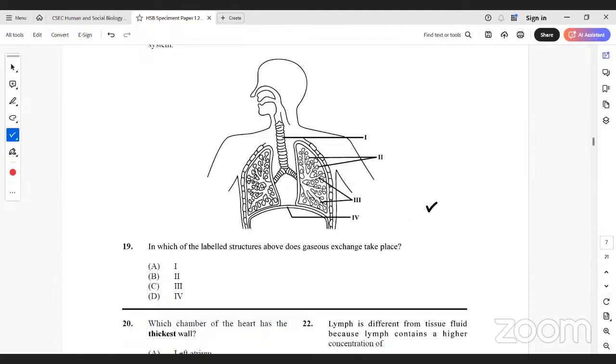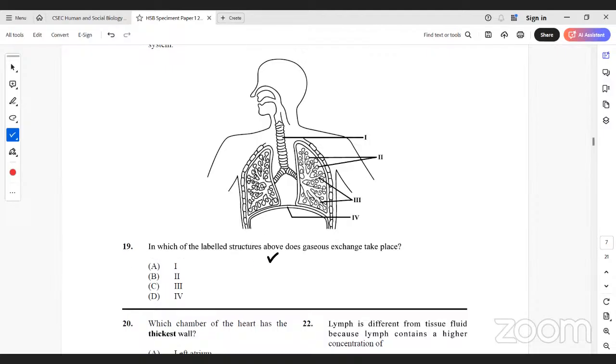And what they did with the new syllabus, they just updated this diagram. Long ago, 8, 9 years back, the diagram used to look more cluttered. All right, so they just removed some of the aspects of the diagram, but basically it's the same diagram. So if you look back a few syllabi back, you would see this diagram just a little more cluttered.